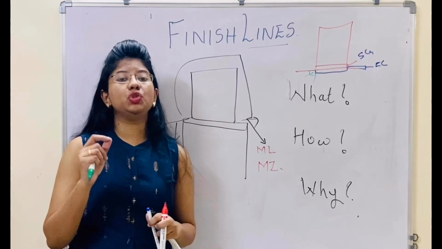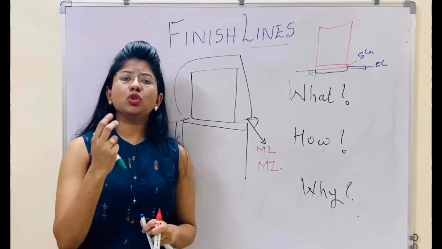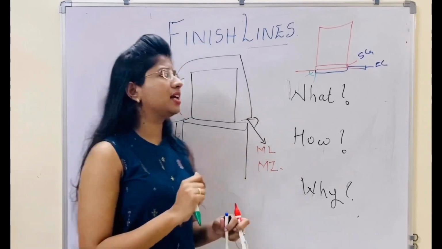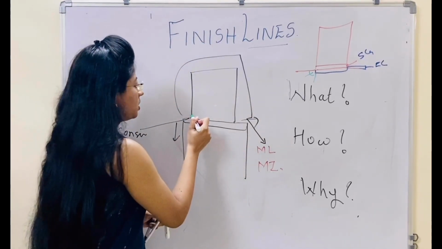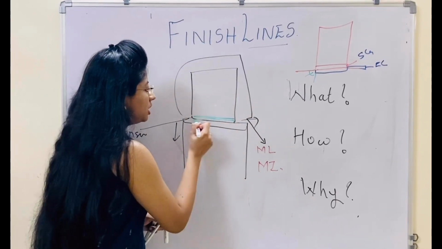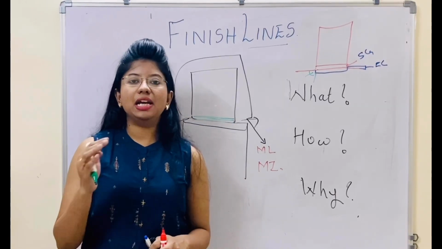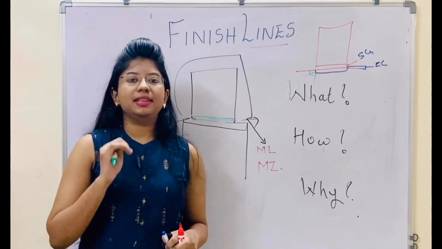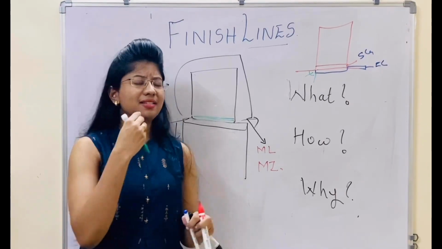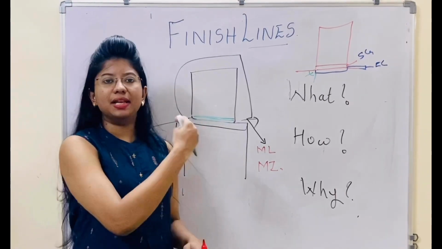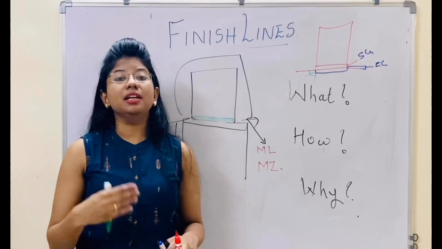Then comes the supragingival finish line. The supragingival finish line is considered a conservative one. Why? Because it is above the tissue surface. Obviously, it will not disrupt the tissues. Secondly, less tooth structure is cut. That's why it is considered good. And you can easily see it, easily demarcate it and easily reproduce it.